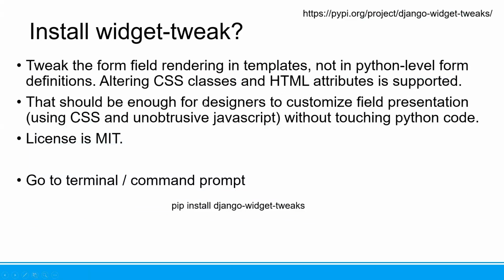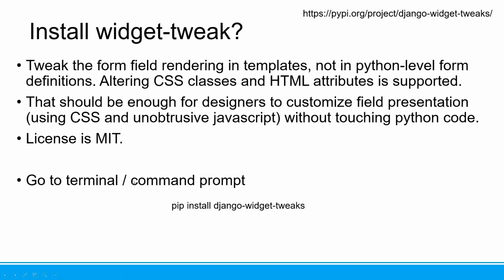That should be enough for designers to customize field presentation, for example using CSS and unobtrusive JavaScript. So you can use that one without touching the Python code. The library widget-tweaks is based on the MIT license. So if the license is MIT, you can use it for free.